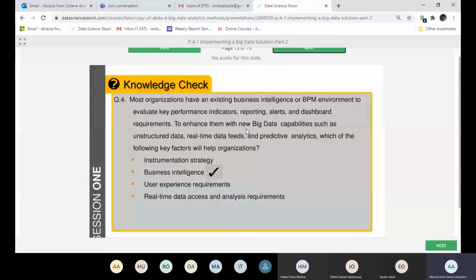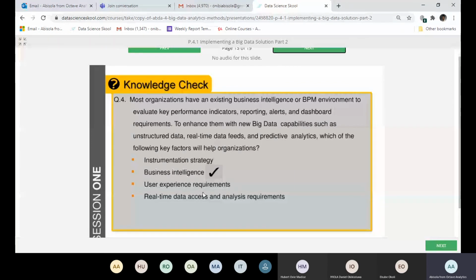Which of the following key factors will help these organizations? Instrumentation strategy, no. You are not giving them any strategy. They already have an existing business intelligence, but you want to enhance them with these new capabilities. Which of these factors will help them?